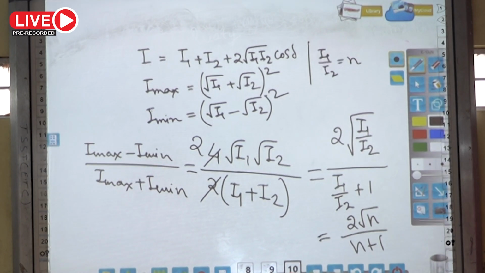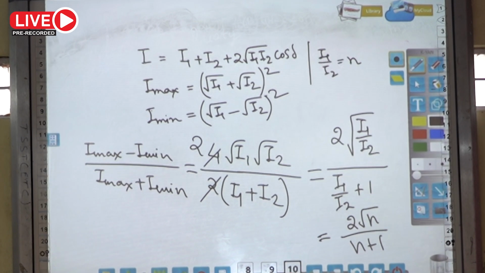Then next one, 37. See, a person can see clearly objects only when they lie between 50 centimeter and 400 centimeter. In order to increase the maximum distance, that means that 400 centimeter has to be increased up to what?